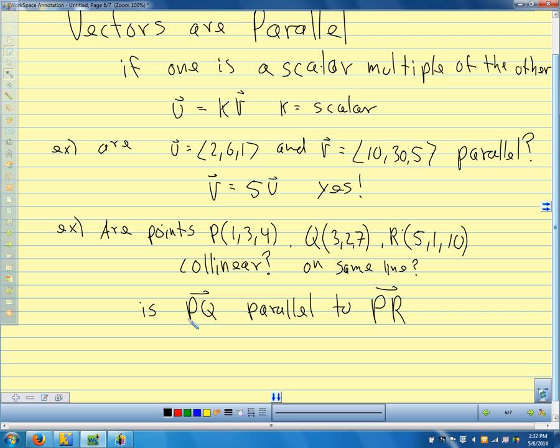They both start at the same point, so if those vectors are parallel, then the vector from P to Q has to continue on and go through point R as well, because they're starting at the same point. So the only way they can be parallel is if they're on the same line.